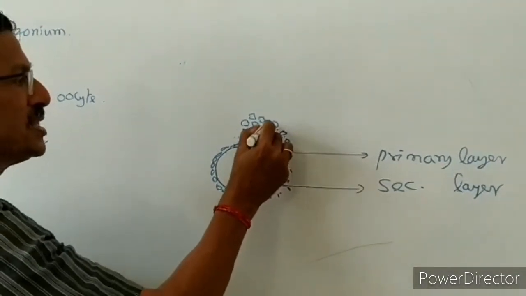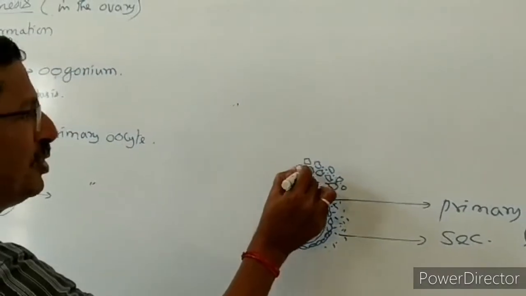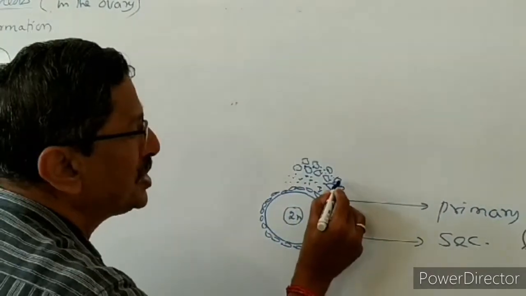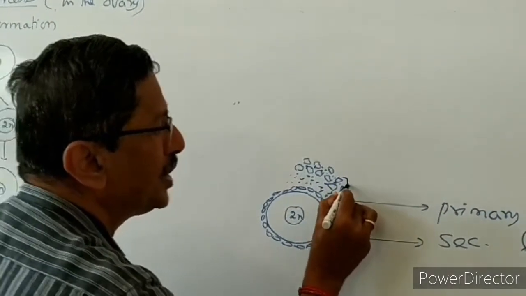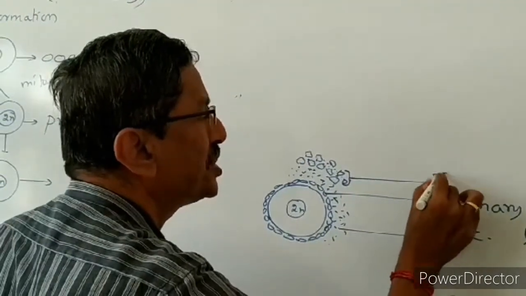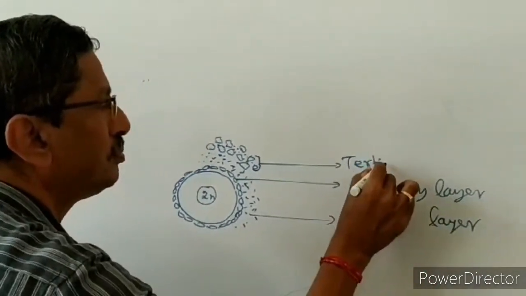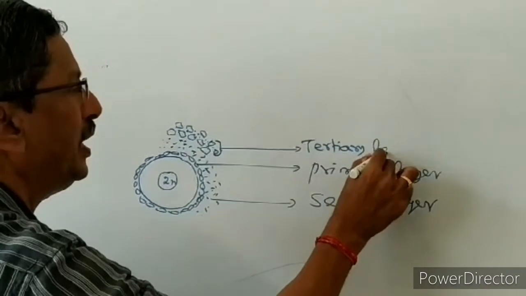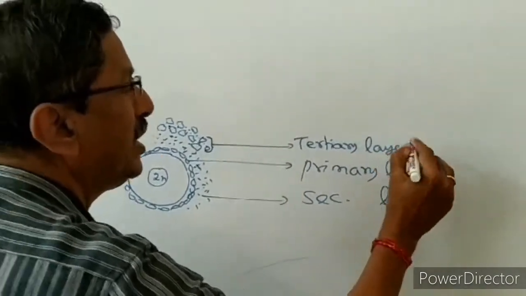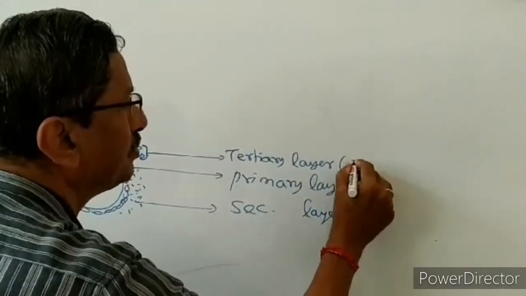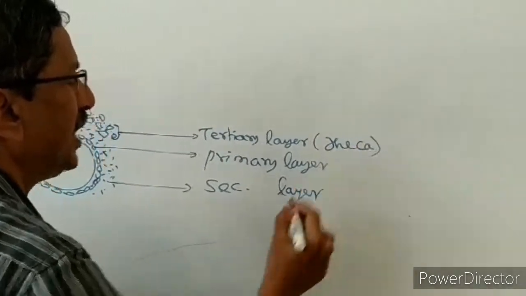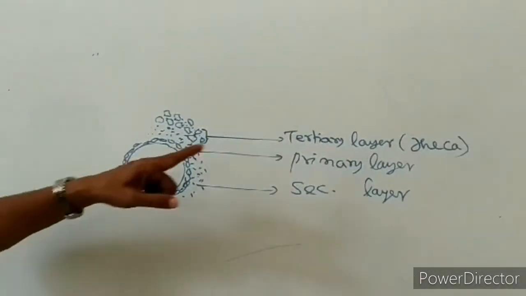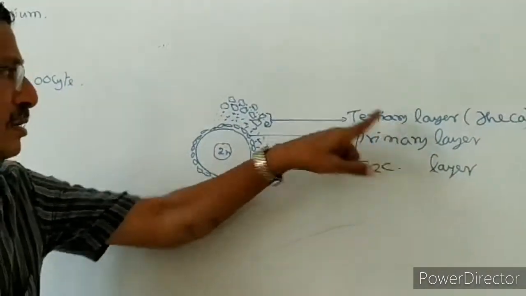In between these larger cells we can find some fluid. It is called the tertiary layer. The tertiary layer is also called the theca, T-H-E-C-A.